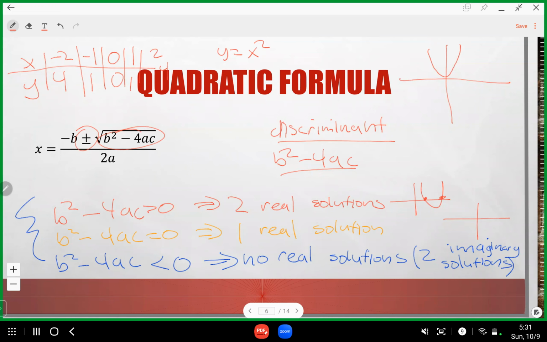It only touches the x-axis once, right? So what would it look like? The bottom of the parabola, only the bottom of the parabola would be touching the x-axis?